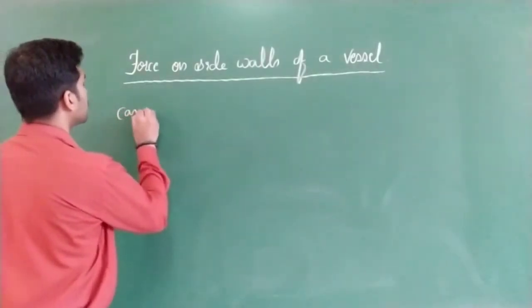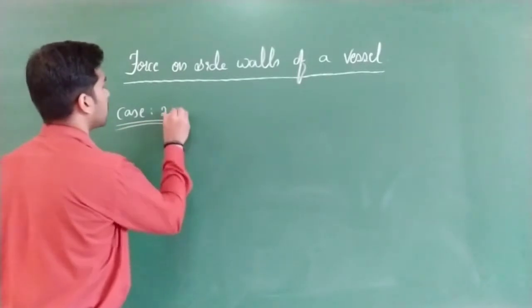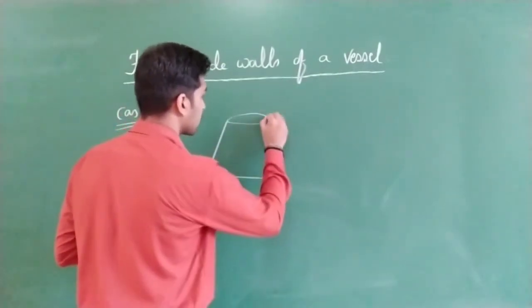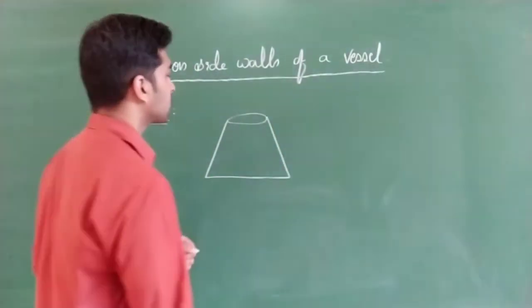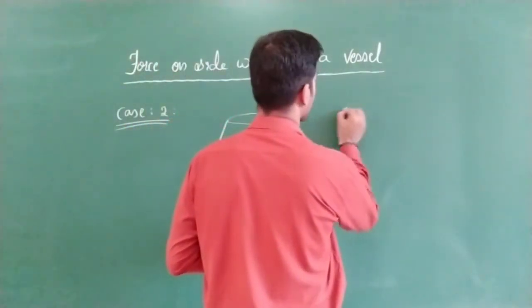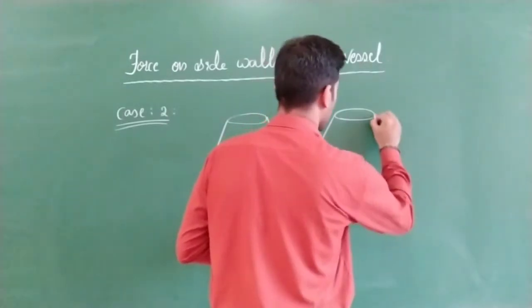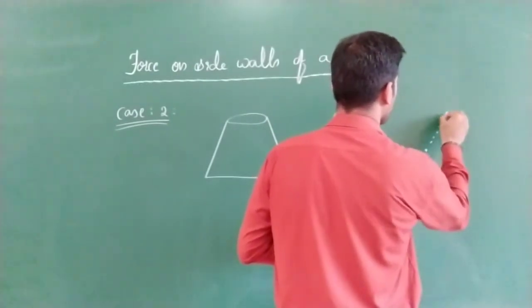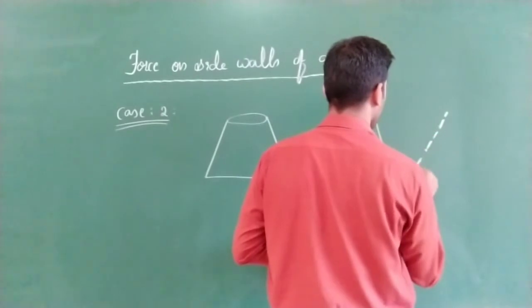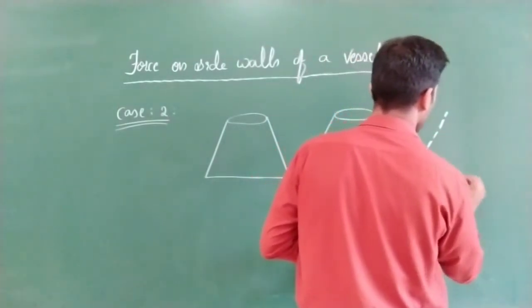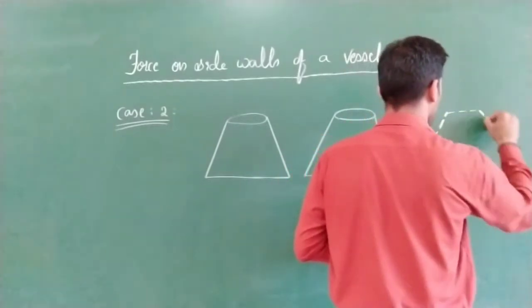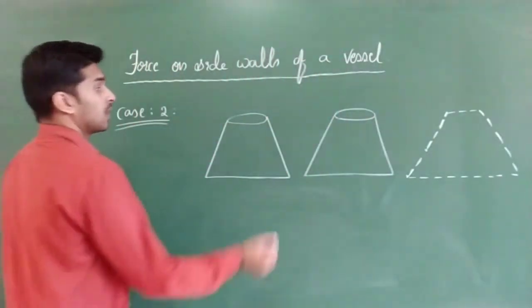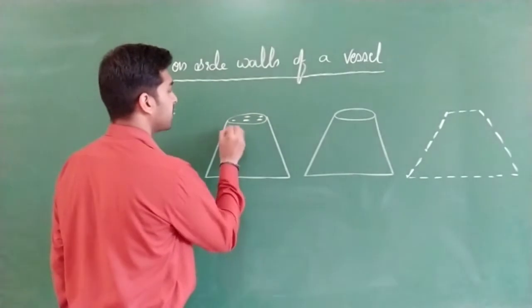So now we are going for second case. Case number 2. And this is again a random shaped vessel.